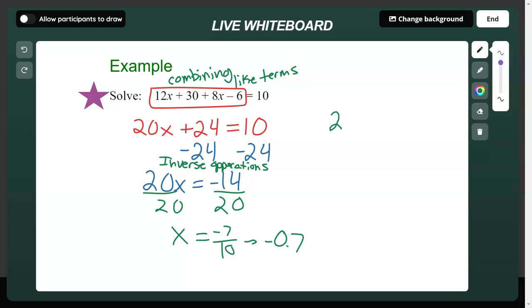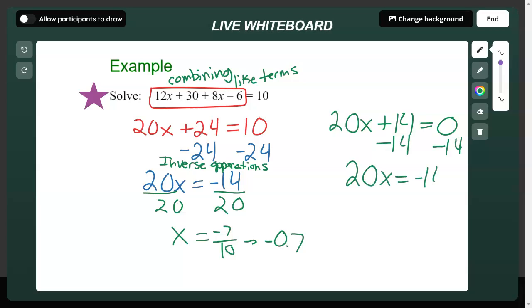You'd have 20x plus 14 equals 0. But now your goal is, well, I need to get x by itself. So now I still have to move the negative 14. And then you end up at the same place that we were here. So it's saving a step.